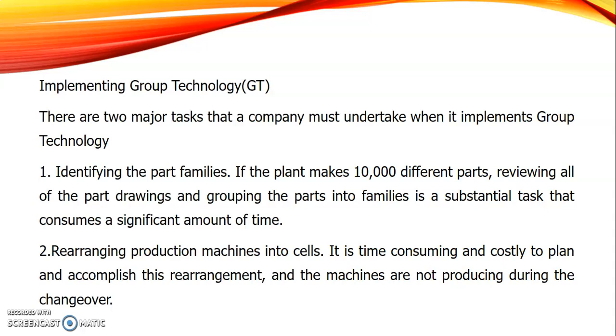And the second point is rearranging production machines into cells. It is time consuming and costly to plan and accomplish the rearrangement, and the machines are not producing during the changeover.